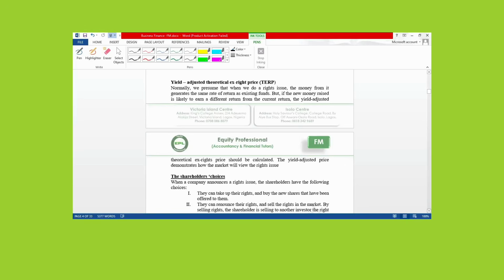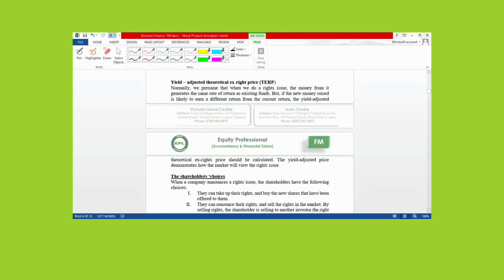Look at the notes. Normally, we presume that when we do a rights issue, the money from it generates the same rate of return as the existing fund. That's our presumption.